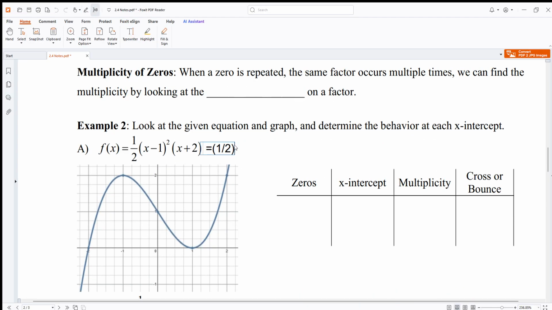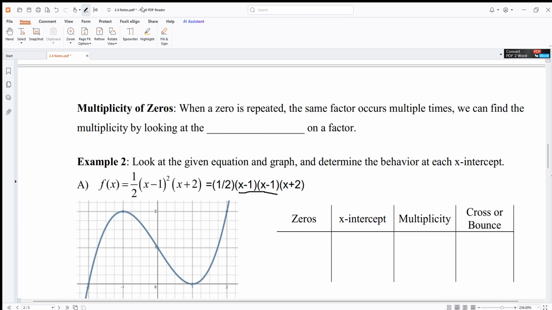So I could rewrite this as x minus 1 and an x minus 1 with the x plus 2. That exponent just means I have 2 of the same thing. That means that its multiplicity, I have multiples of it, right? So when we're talking about multiplicity, essentially look at the exponent on a factor.